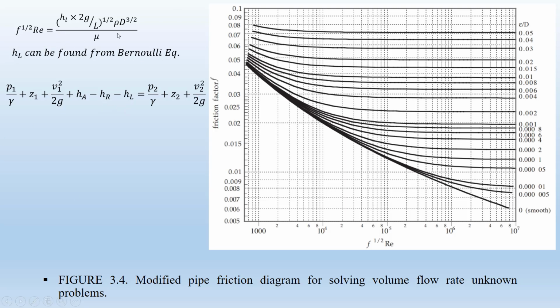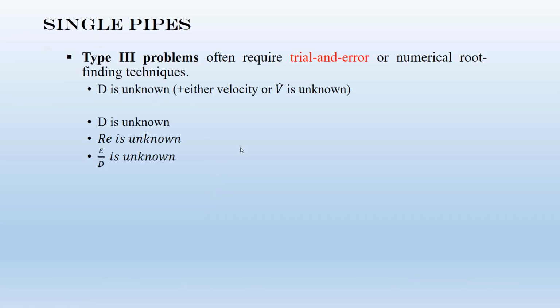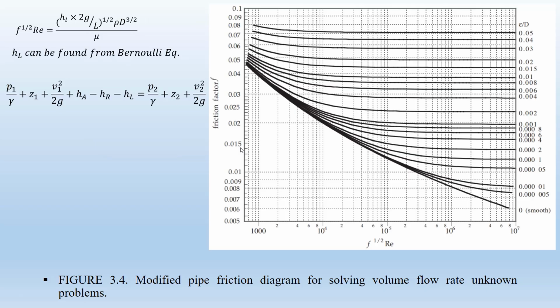Then you can substitute into this equation to find this product, and then by using figure 3.4 and having the relative roughness, because the relative roughness is known in this case, you can simply find the friction factor. So this is the second method.